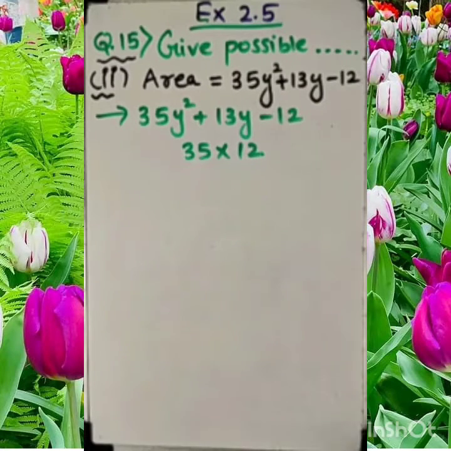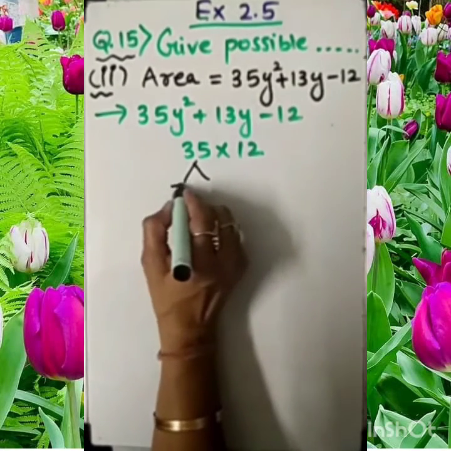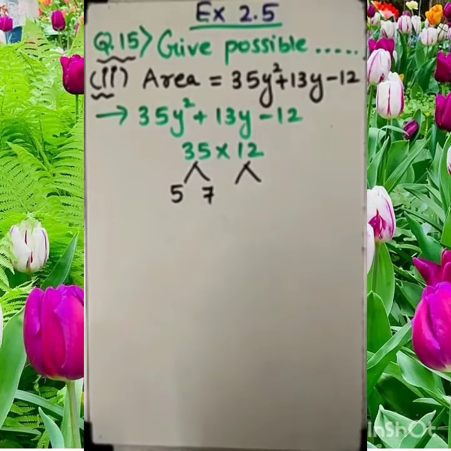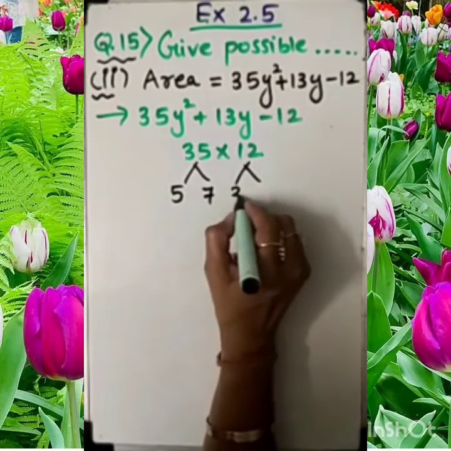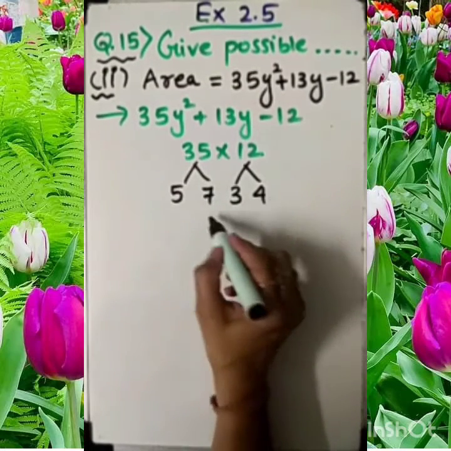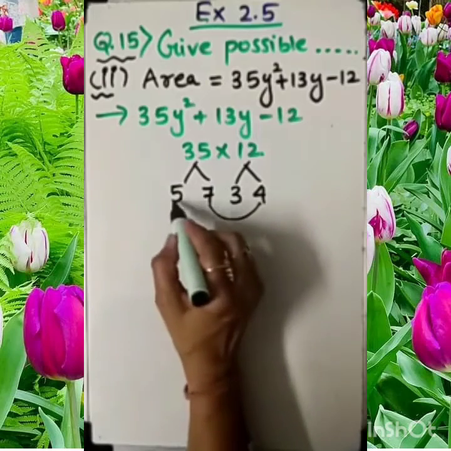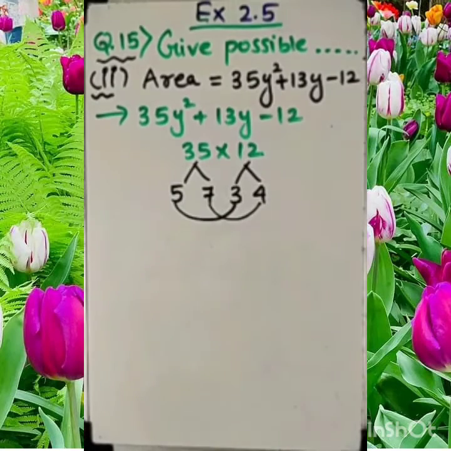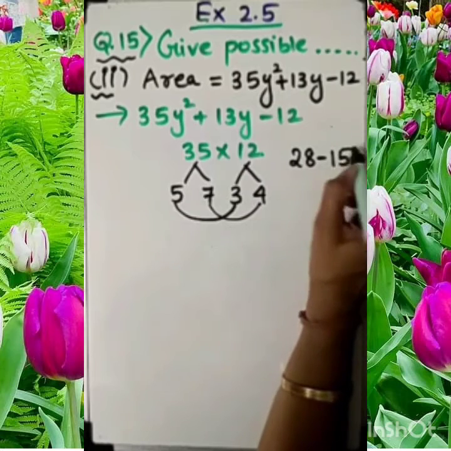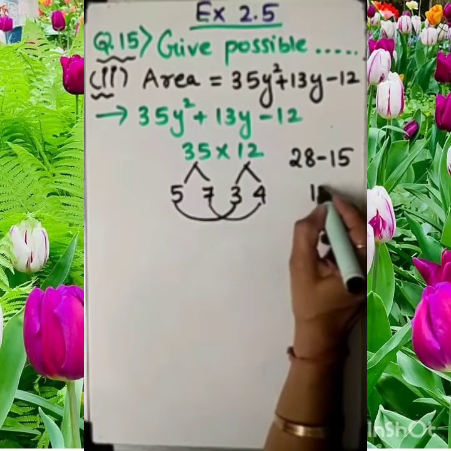Let's take the factors of 35, which are 5 and 7. And 12 can be written as 3 into 4. So what are the possible factors? Let's try. If we arrange them this way, 7 fours are 28, 5 threes are 15. So if we subtract 28 minus 15, we will have the result 13.